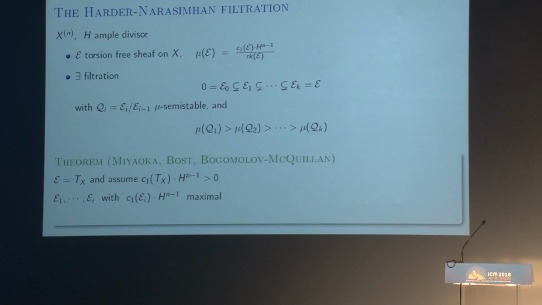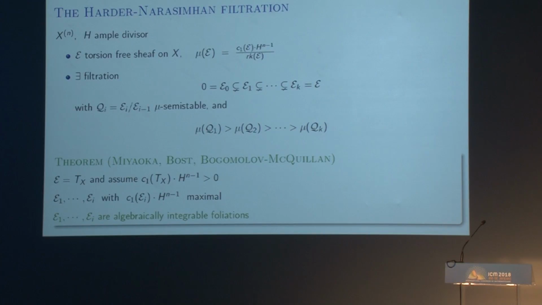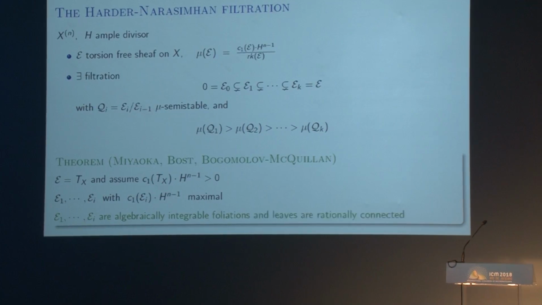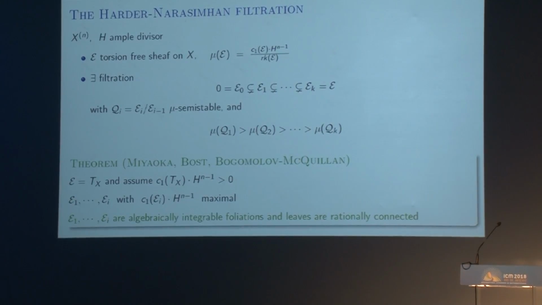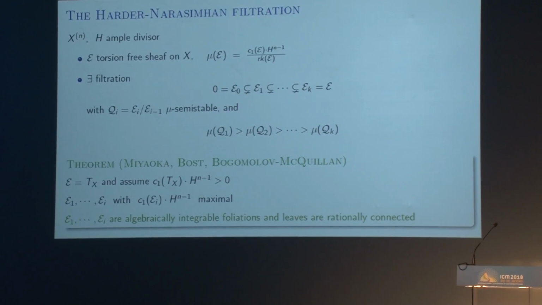So we consider E_1 up to E_i, where the degree of E_i is the maximal one among the subsheaves. The striking result is that each of these E_i in fact defines a foliation, and moreover an algebraically integrable foliation. And moreover, the leaves of these foliations are rationally connected. These are the ideas that you can use to prove Miyaoka's criterion.